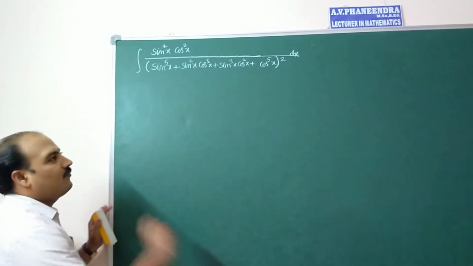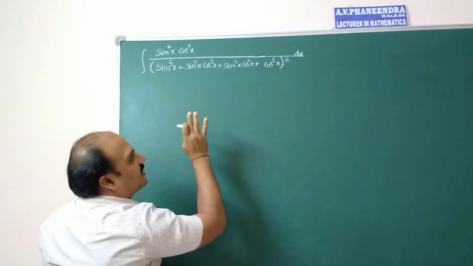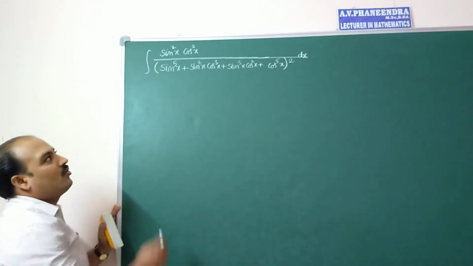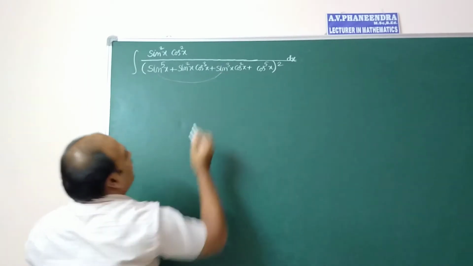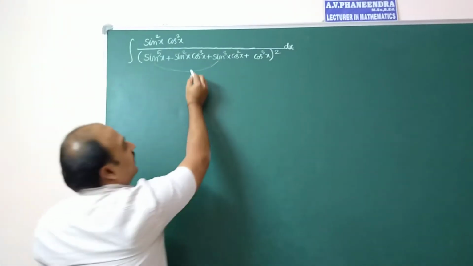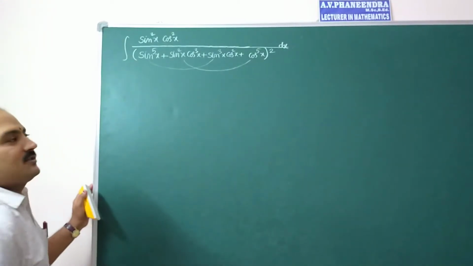Observe carefully, in the denominator, in every term sin and cos terms are there. From the first and third terms I am taking common sin cube x, and from the second and fourth terms I am taking common cos cube x.